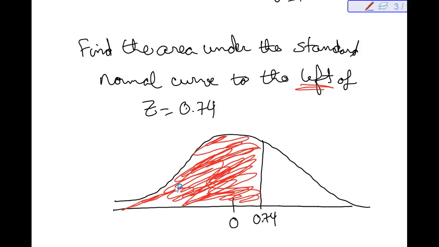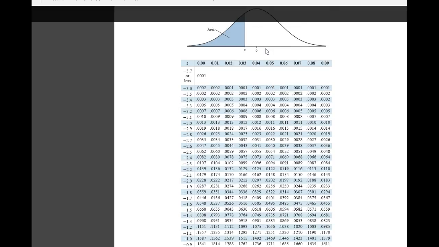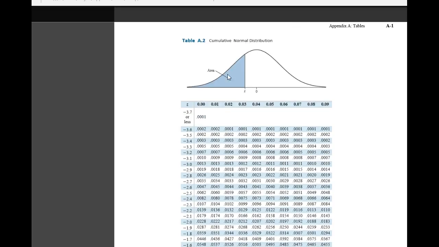Well, in order for me to find the area, what we're going to do is look at what we call the standard normal table. If you look at the top of the table, it tells you that the area the table is giving you is always to the left of the z value.